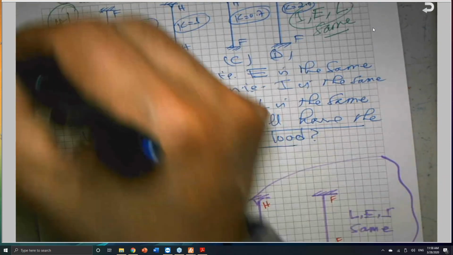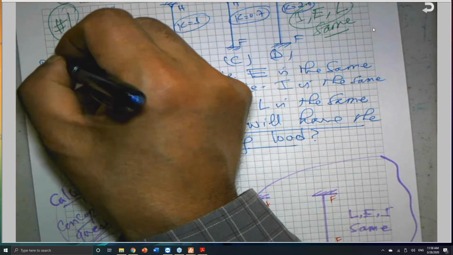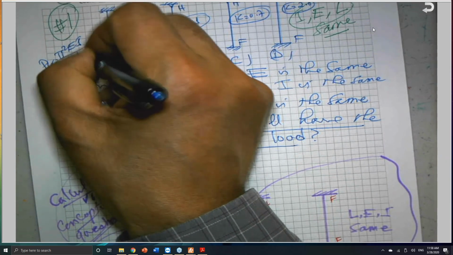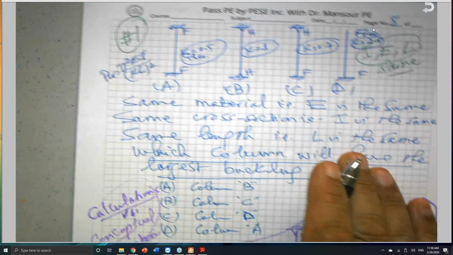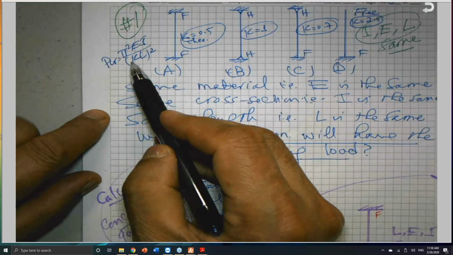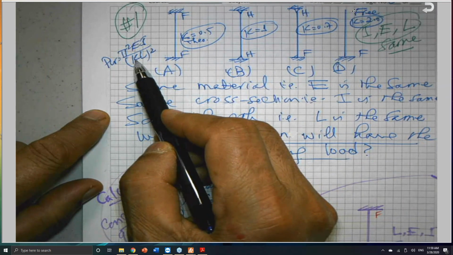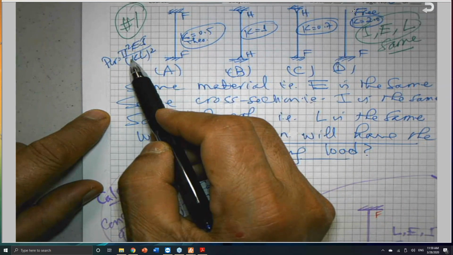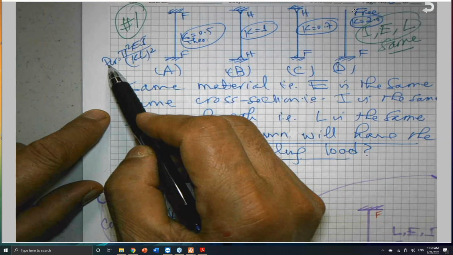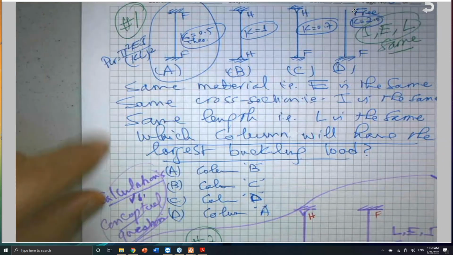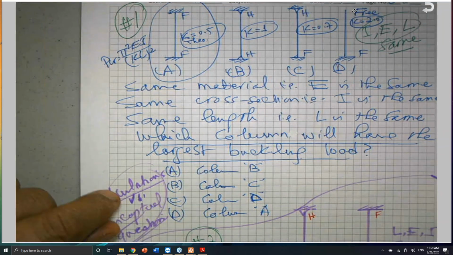So again, the critical load, P critical, is equal to pi squared EI divided by (KL) squared. So the smaller the K, because the K is in the denominator and you square it, the larger the P. So column A will carry the largest load because it has the smallest K. I need you to know that.